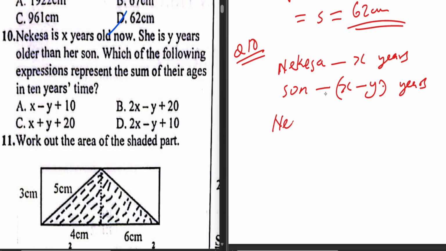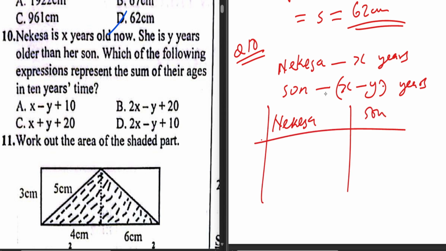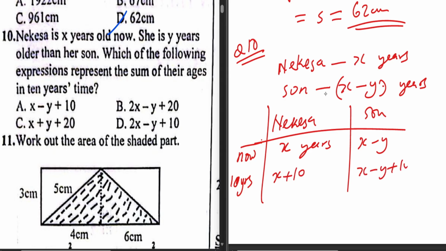Which of the following expressions represent the sum of their ages in 10 years time? So this is Nekesa right now, and this is the son. Nekesa now, which is the present, she's X years, and the son is X minus Y. So in 10 years time, that is in the future, Nekesa is going to be X plus 10, and the son is going to be X minus Y plus 10.